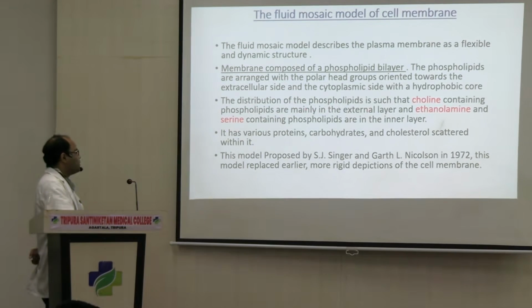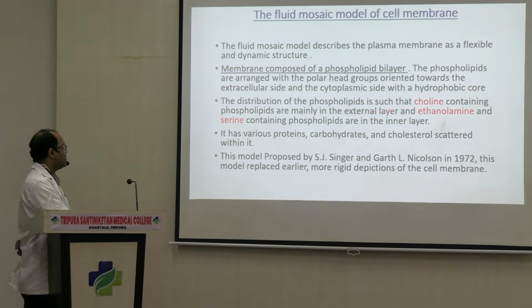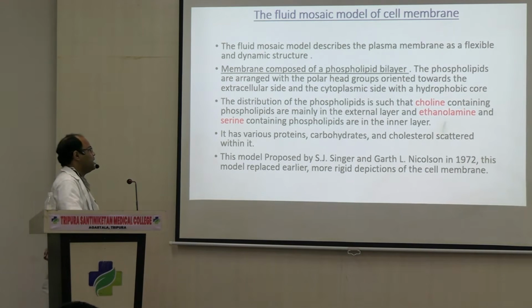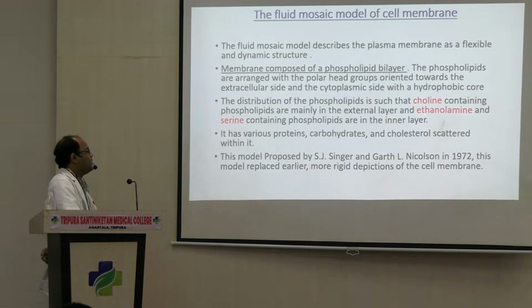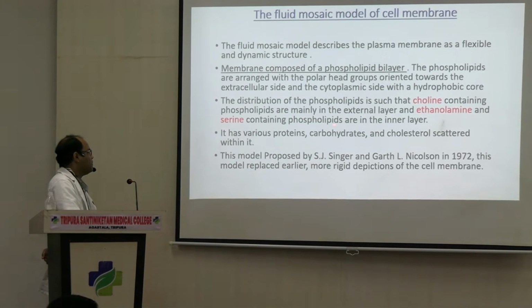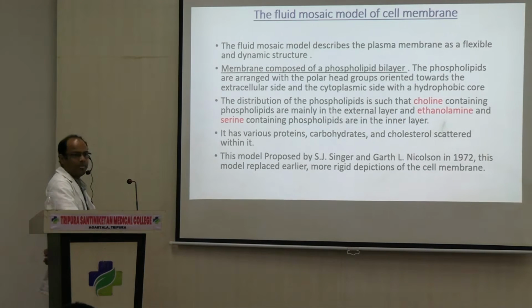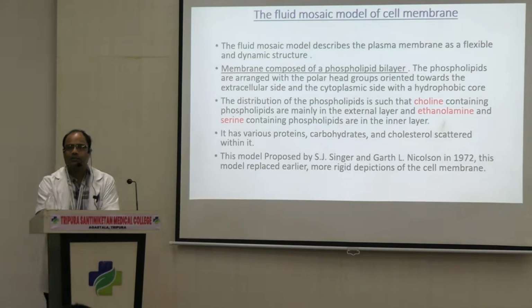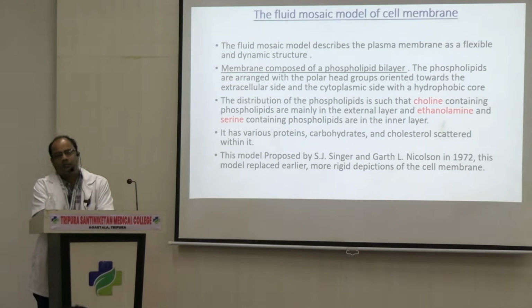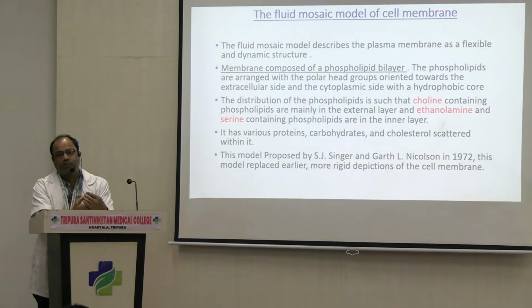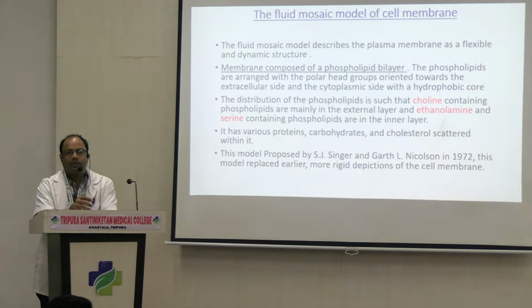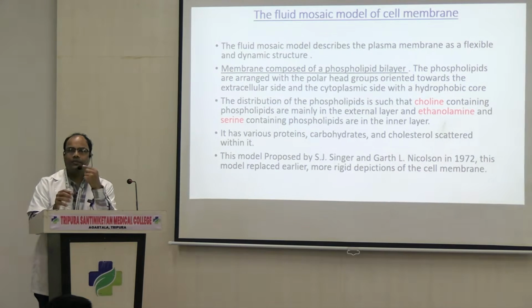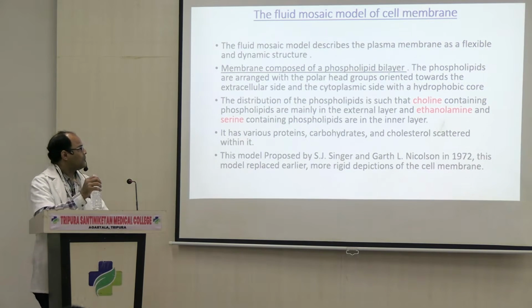The distribution of the phospholipids is such that choline containing phospholipids are mainly in the external layer, and ethanolamine and serine containing phospholipids are in the inner layer. Okay, this is a favorite topic in Viva exam. You may ask in Viva why choline and ethanolamine are present.